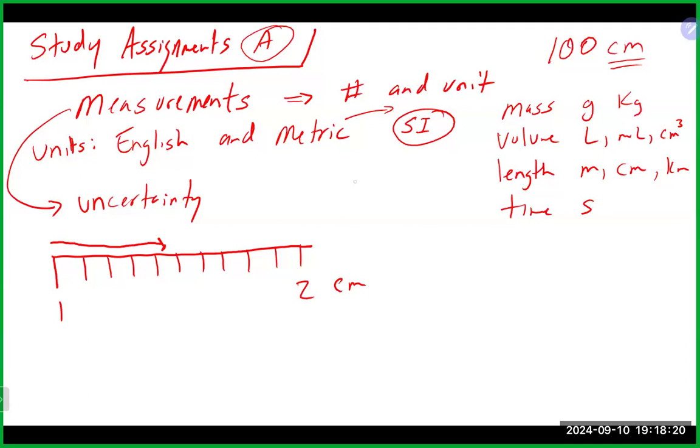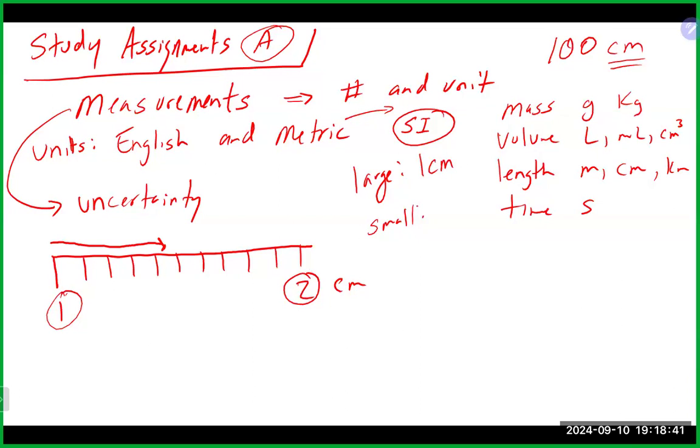There's usually two numbers that you want to look at: the large markings that usually have actual numbers, and the small markings that are the dashes between those numbers. In this particular case, our large marking is 1 and 2 centimeters, which means each of the large markings represents 1 centimeter.